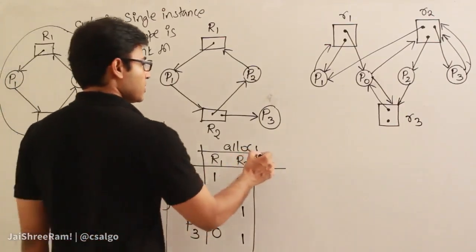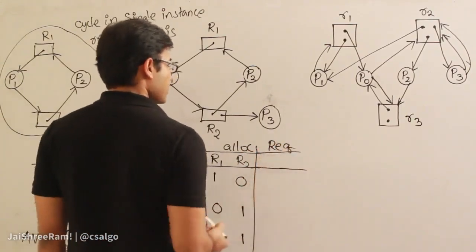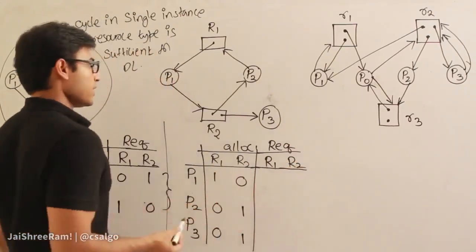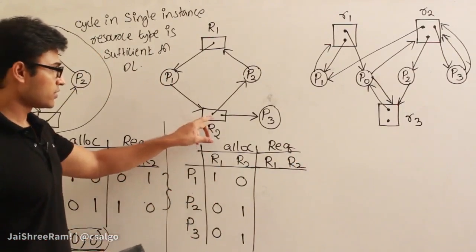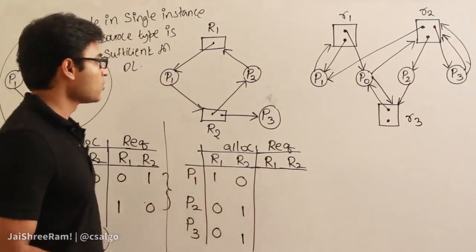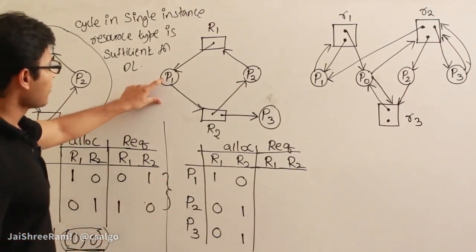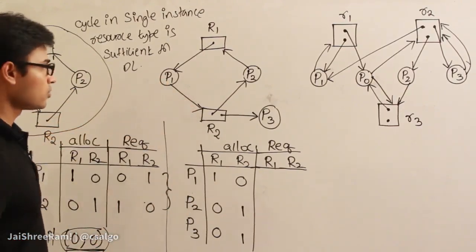Then what about the request matrix? In order to find out the request matrix, you have to go to the processes and see the outgoing edges, right? So in order to find out the allocation matrix, you go to the resources and see the outgoing edges. Now in order to find out the request, you go to the process and see the outgoing edges. Let's see this P1. The outgoing edge is this one, which means P1 to R2.